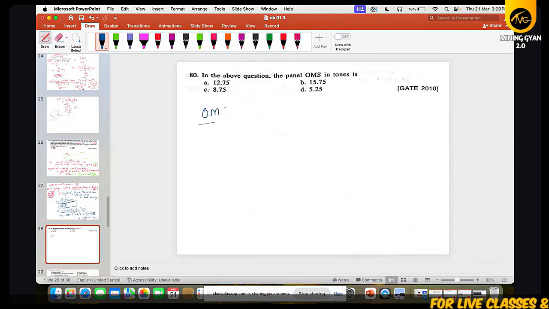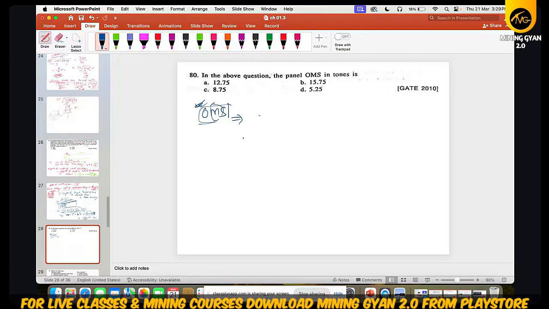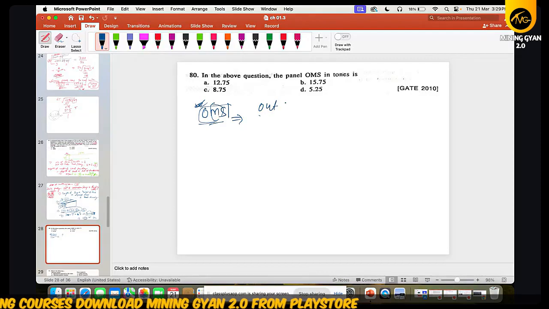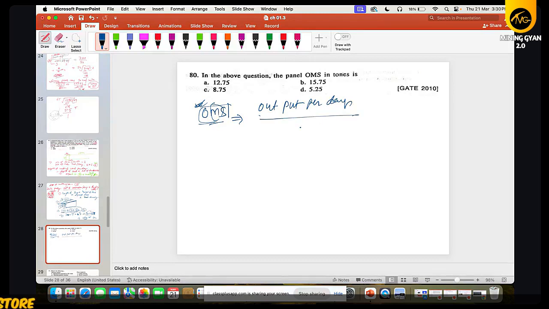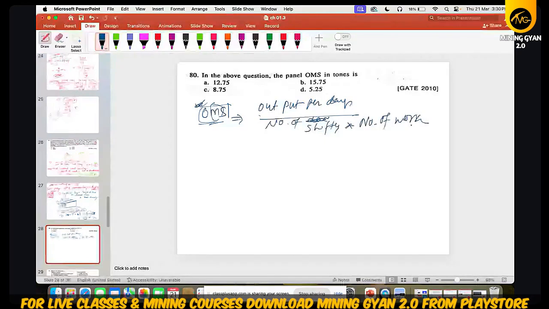OMS, output man per shift. ओके, मेन पर शिफ्ट निकालना है, आउटपुट में ओएमएस कैलकुलेट करना है. हाउ यू विल बी गेट ओएमएस? ओएमएस के लिए यू शुड नो व्हाट इज ओएमएस. ओएमएस मींस आउटपुट कितना हुआ पर डे डिवाइडेड बाय हाउ मच नंबर ऑफ डेज, हाउ नंबर ऑफ शिफ्ट्स इन ए डे मल्टीप्लाई विद द नंबर ऑफ वर्कर. काम कितना कर रहा है, कि कितना प्रोडक्शन हुआ है टोटल दिन में, उसको अगर शिफ्ट में डिवाइड करें, उसमें अगर कितने आदमी का डिवाइड करेंगे तो एक आदमी का कितना आउटपुट होगा वो निकल जाएगा.